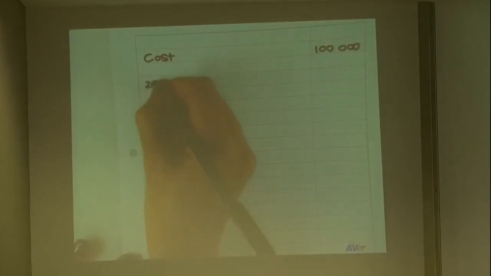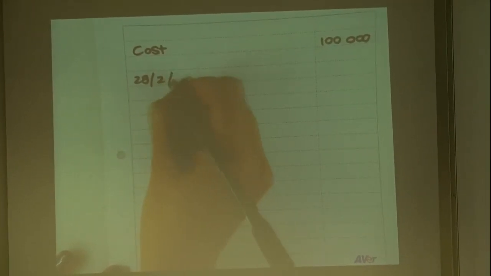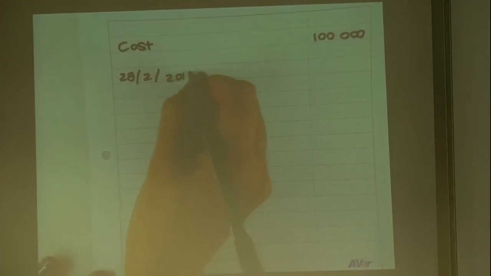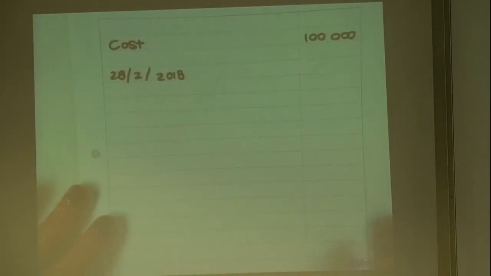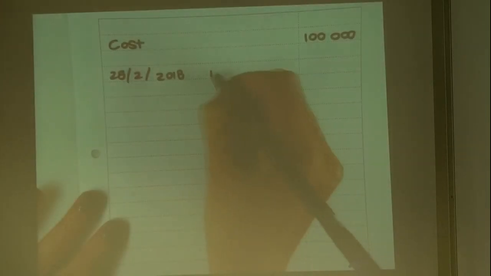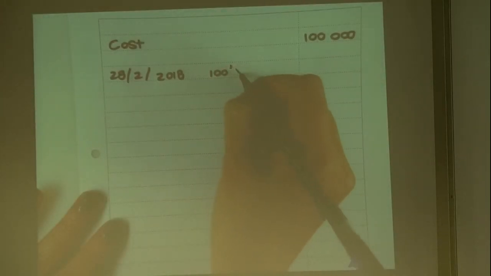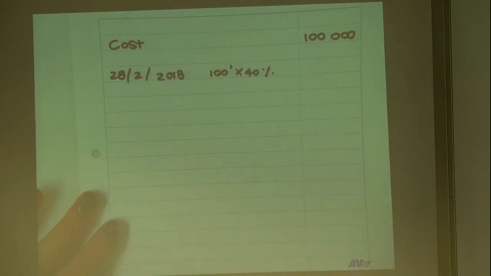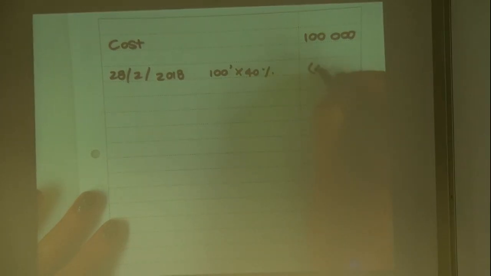So the first time we would have got an allowance is 28 Feb 2018. Okay, and what percentage would we have gotten there? Manufacturing machine, new and unused? 40%. So we would have got 100,000 Rand times 40%. So in the 2018 year of assessment, we would have claimed 40,000 Rand.